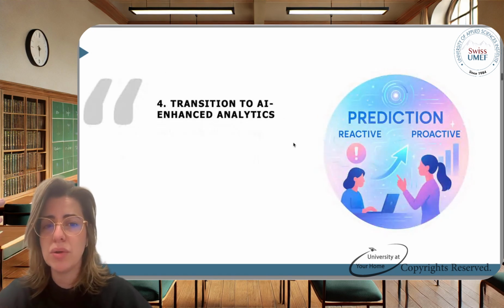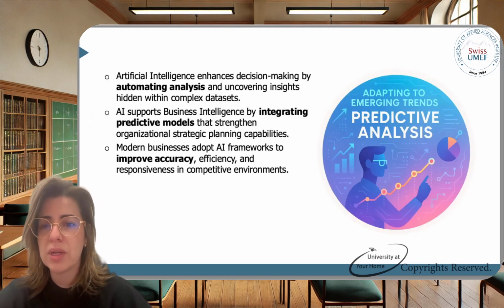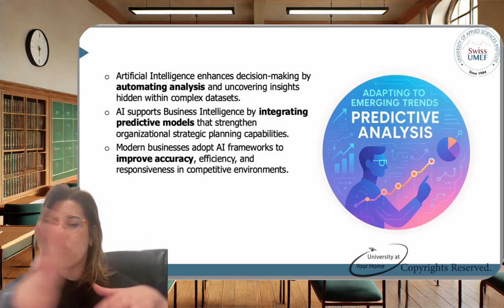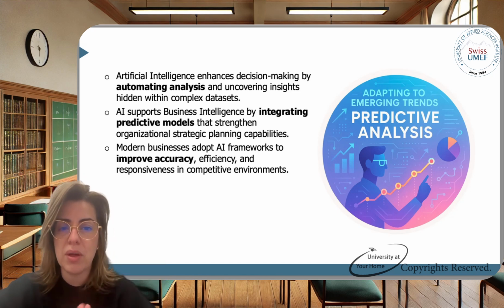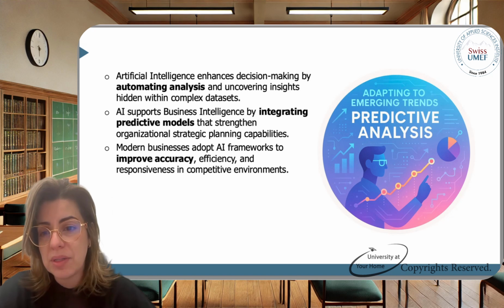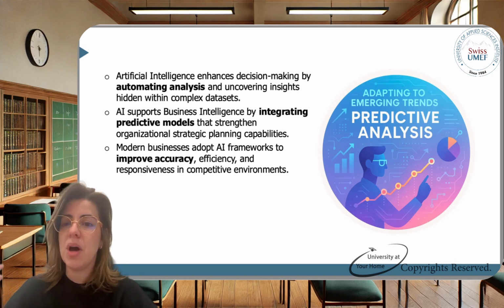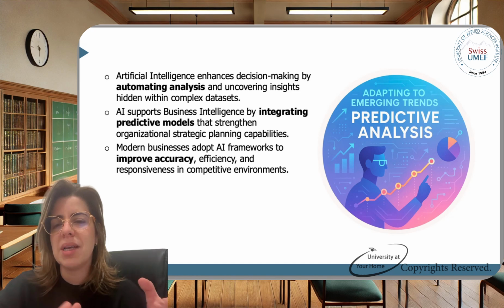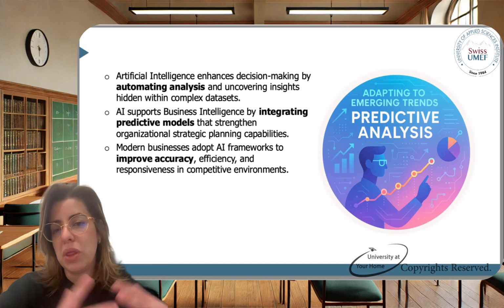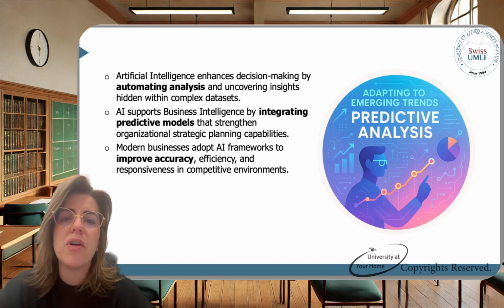As we see also, AI can support business intelligence, or BI as an abbreviation. It integrates predictive models with many methods. This means it doesn't just tell you what happened, for example, last month. It helps you with your strategic planning, and it's adaptive for your strategic planning for next year.